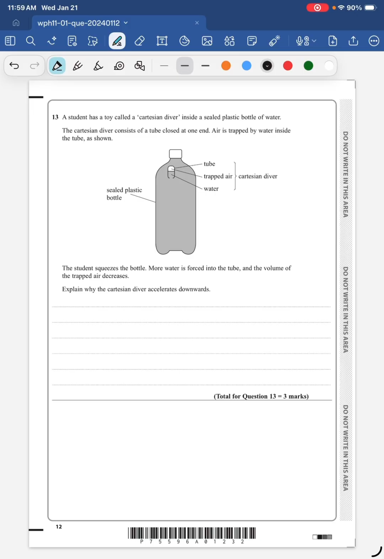Air is trapped by water inside the tube as shown. So there is some trapped air in that thing, and then there is water in the bottom, and it's a sealed plastic bottle. The student squeezes the bottle. More water is forced into the tube, and the volume of the trapped air decreases. Explain why the Cartesian diver accelerates downwards.